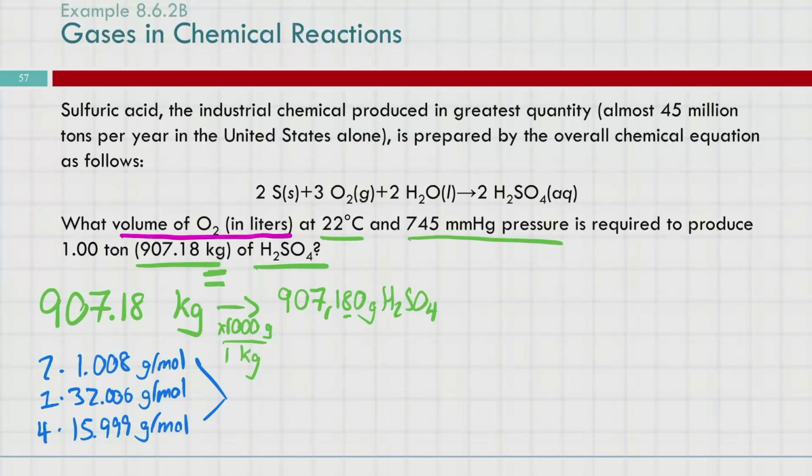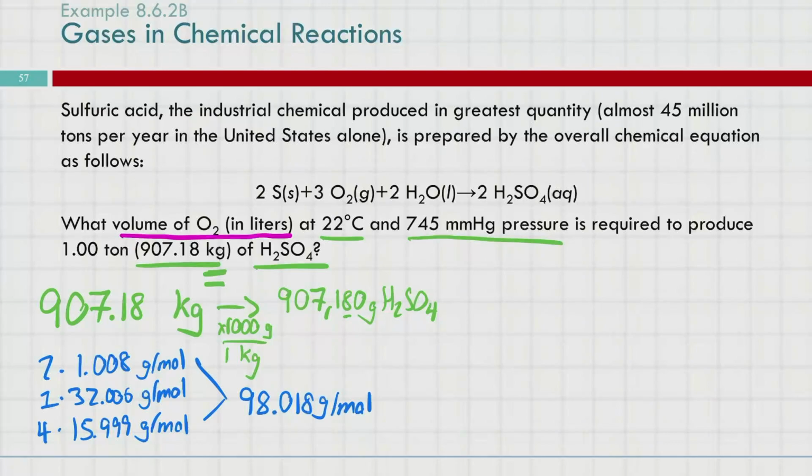So add all of those things up together, and that should give us our molar mass of sulfuric acid. Our molar mass for sulfuric acid is 98.018 grams per mole.